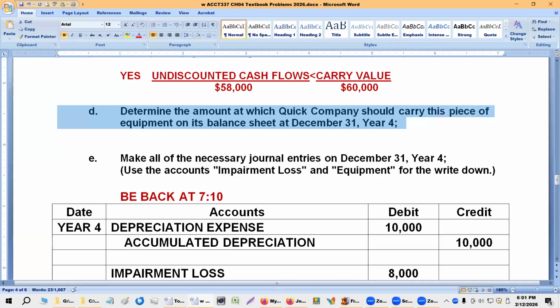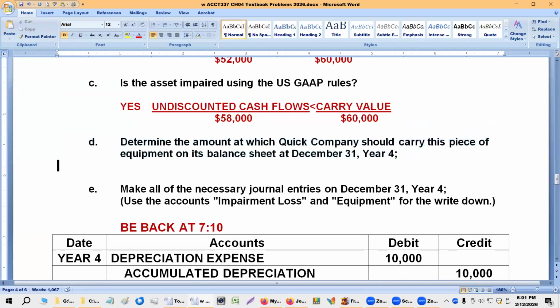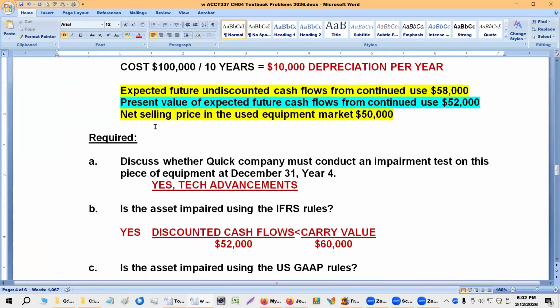Okay, so here are the rules for filling this one in. It is the higher of these two.